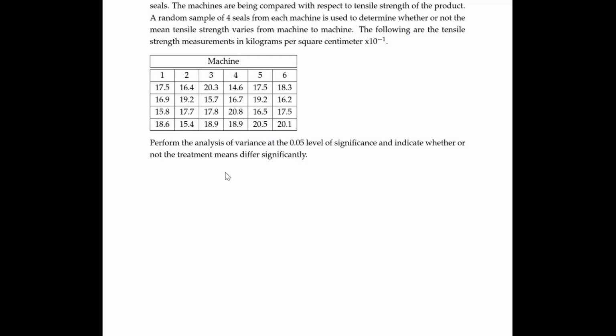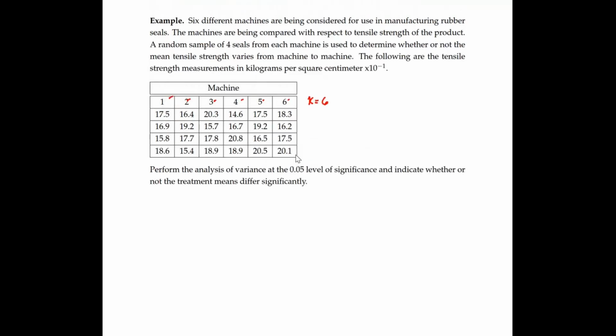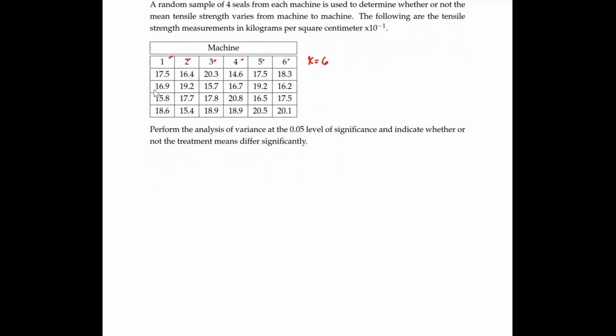So let's identify the given values here. We have K equal to 1, 2, 3, 4, 5, 6 different machines, and then for each machine we have N equal to 1, 2, 3, 4 for sample. From here we will compute the total for each column.